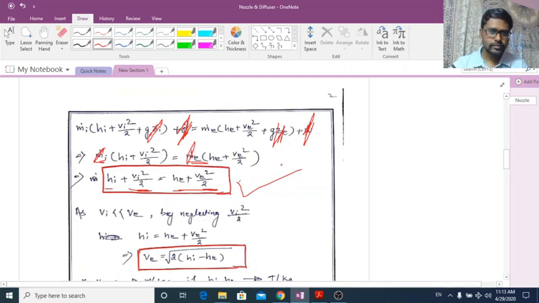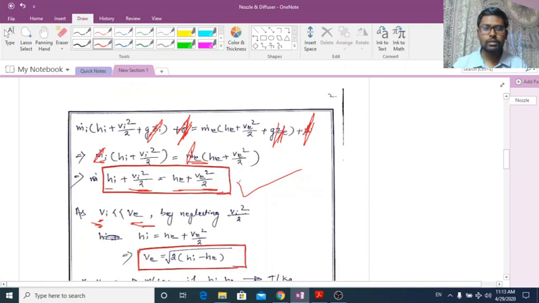As the nozzle is used to increase the velocity of the fluid, VE, the exit velocity of the fluid, is much greater than the inlet velocity VI.